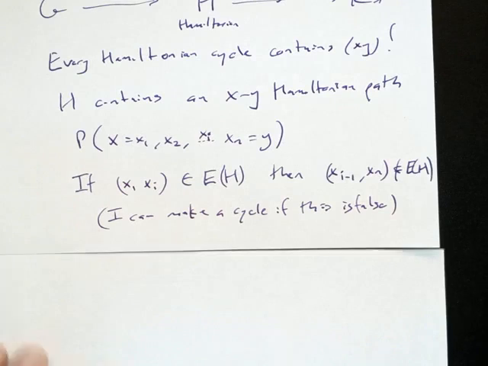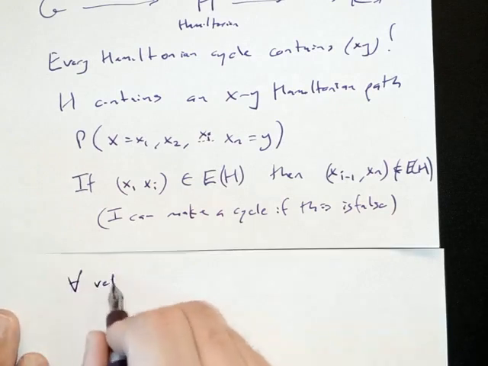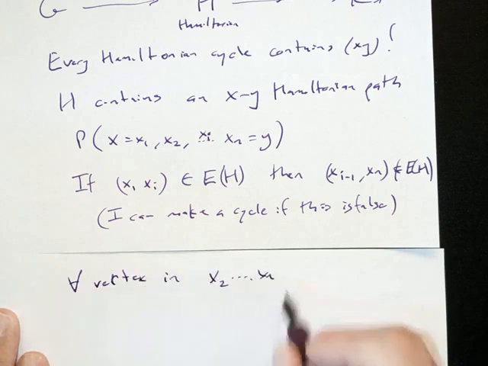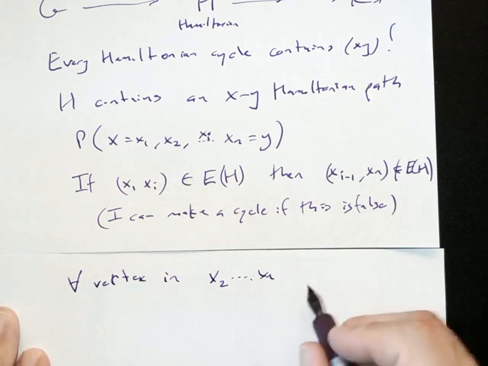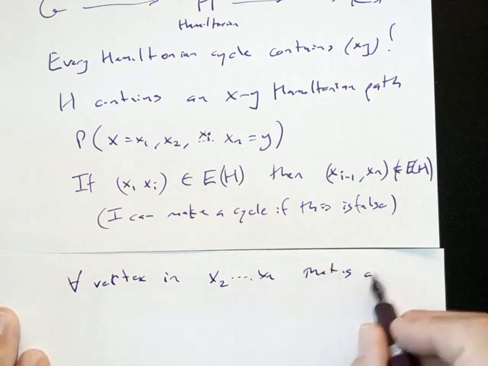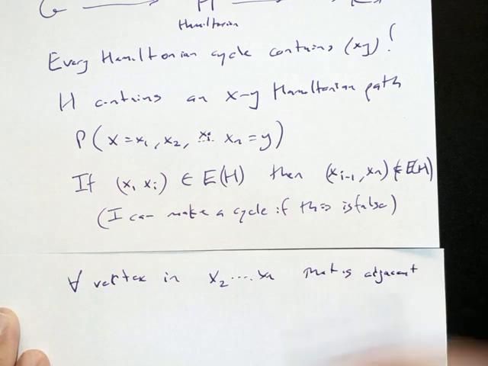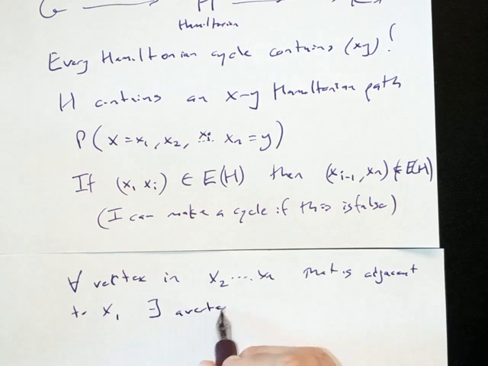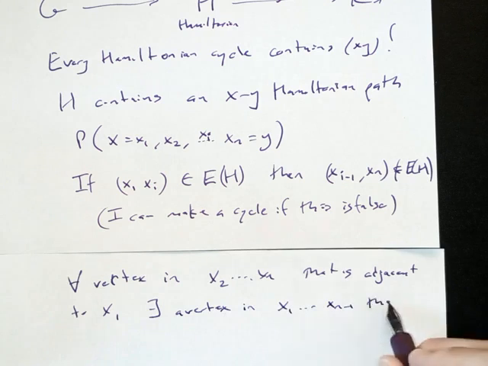For every vertex in x2 through xn that is adjacent to x1, there's another vertex in x1 up to xn minus 1 that's not adjacent to xn.